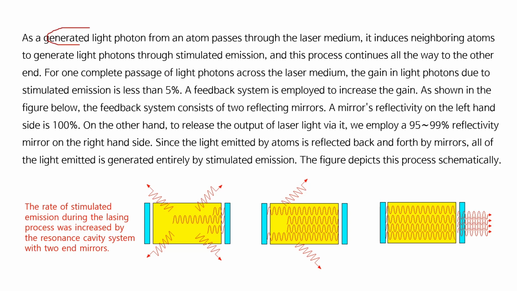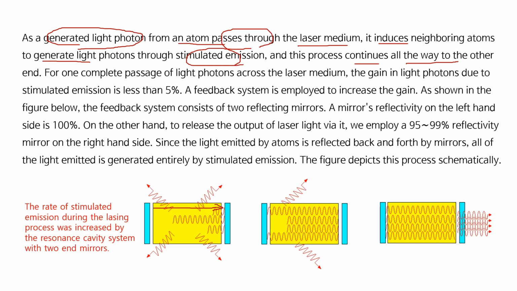As a generated light photon from an atom passes through the laser medium, it induces neighboring atoms to generate light photons through stimulated emission, and this process continues all the way to the other end of the laser medium.